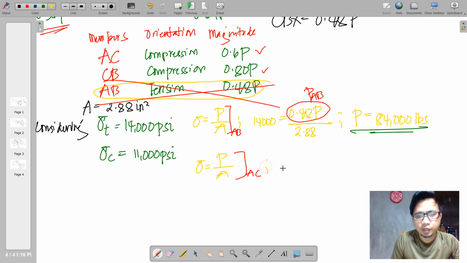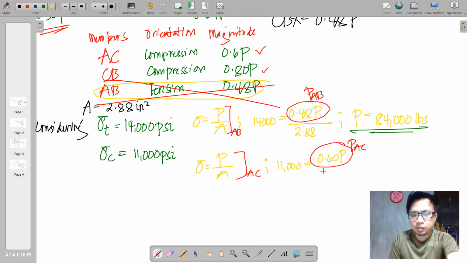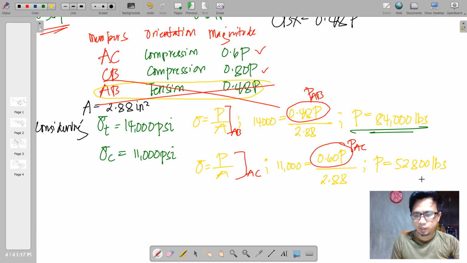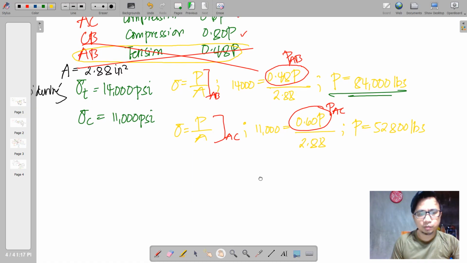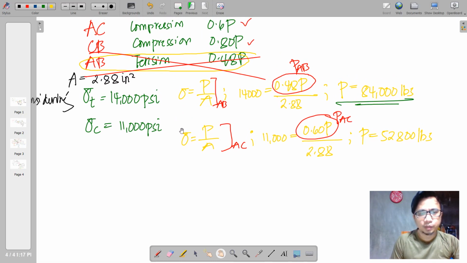For member AC, we have the allowable that is fixed to 11,000, and then this is 0.6 of P as the value for PAC, and then we have here 2.88 for the area, so that we'll be having a value of 52,800 pounds.